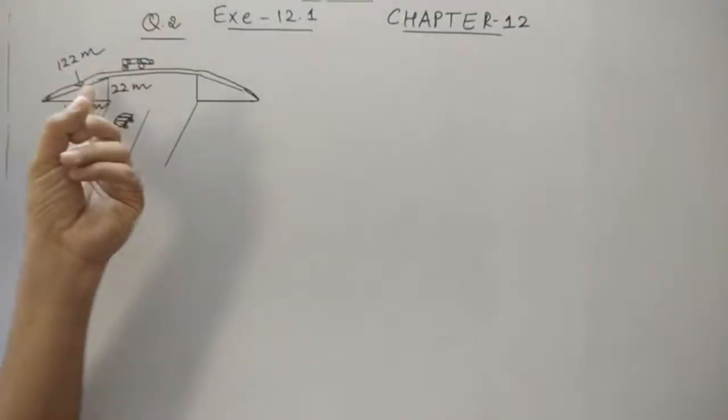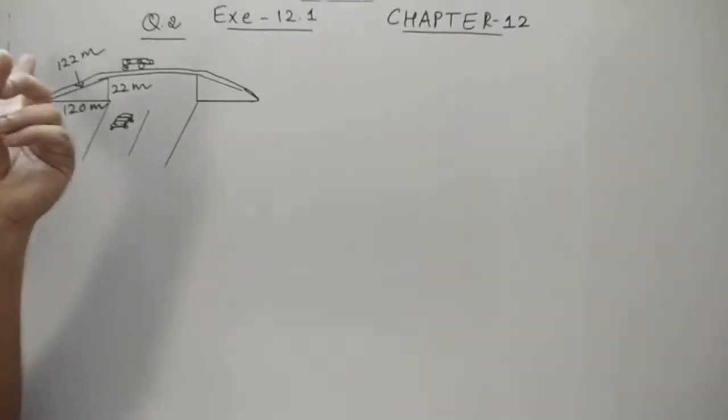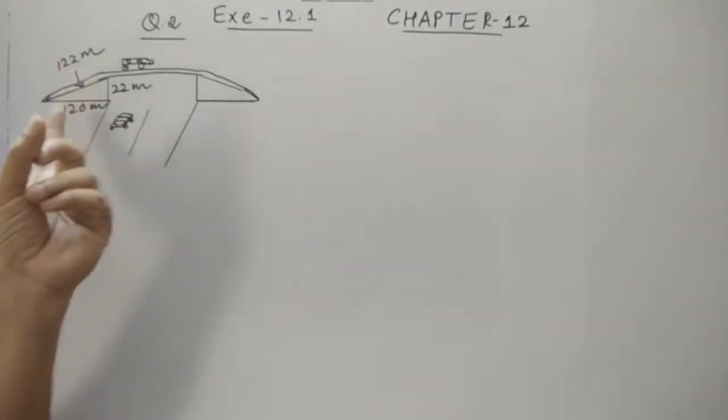This is the flyover and this is the advertisement board in the triangular shape. The sides of the wall are 122 meter, 22 meter and 120 meter, as given in the diagram. The advertisements yield an earning of rupees 5,000 per meter square per year.